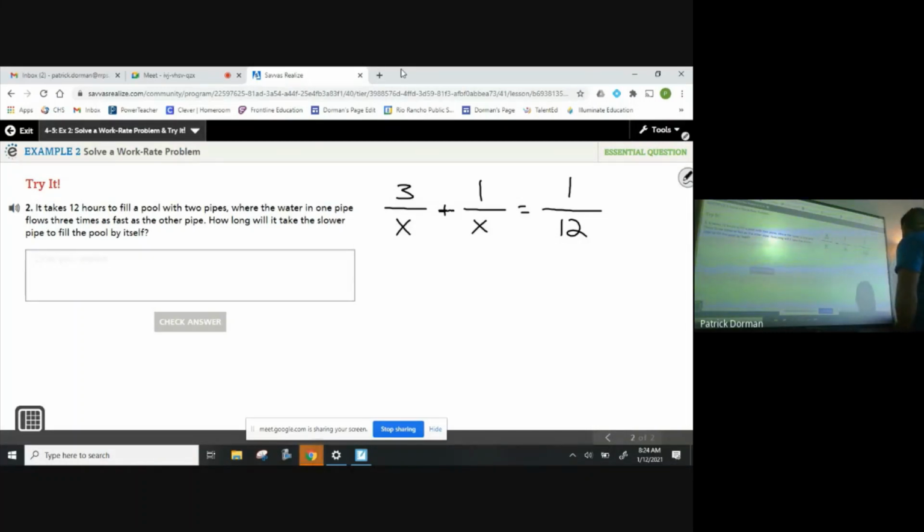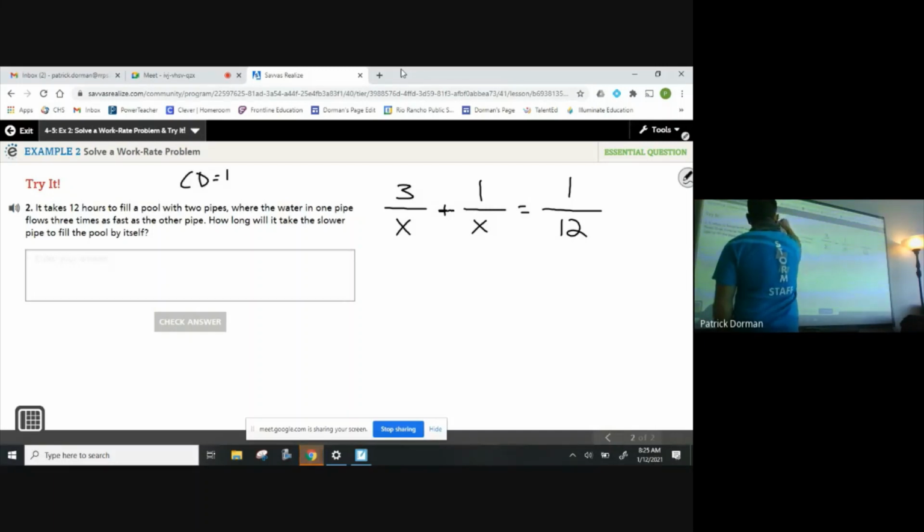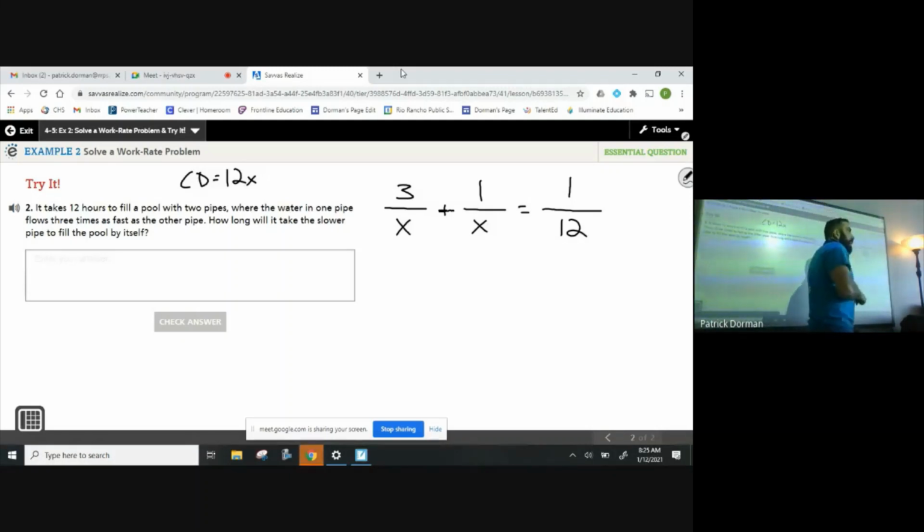And now that we've got the setup, which I think is the most challenging part, right? We can find a common denominator and solve. So the common denominator is 12x, right? That is the smallest thing that is divisible by each one of those denominators, 12 and x.